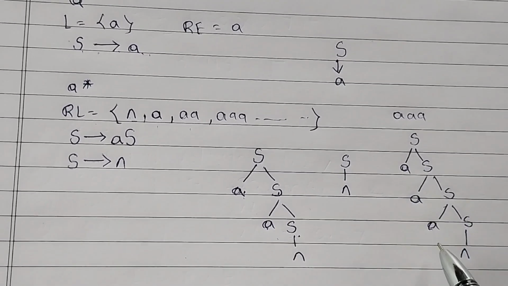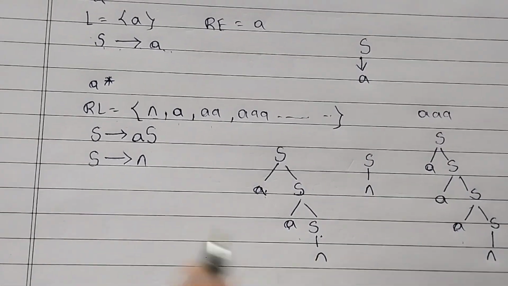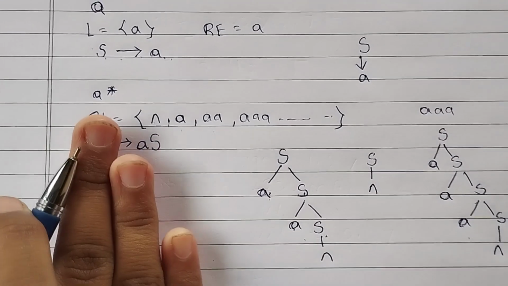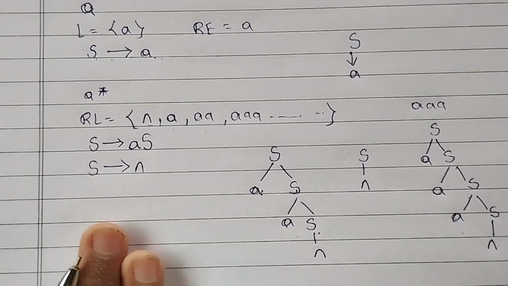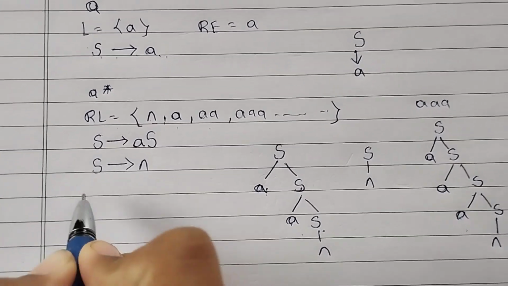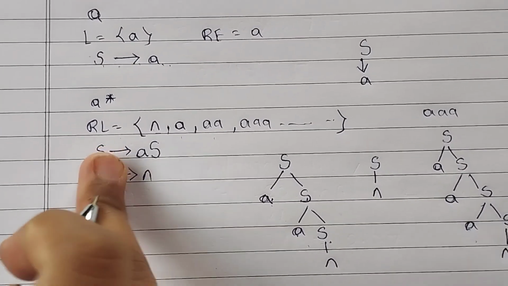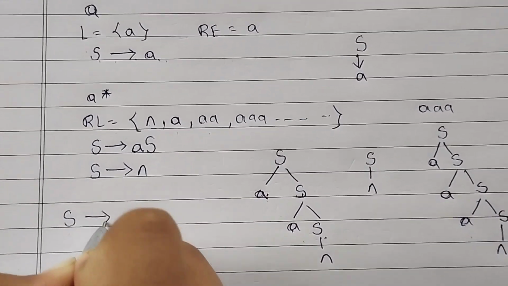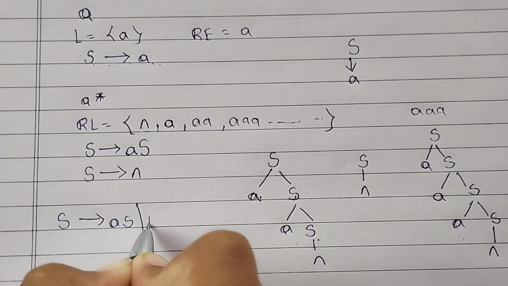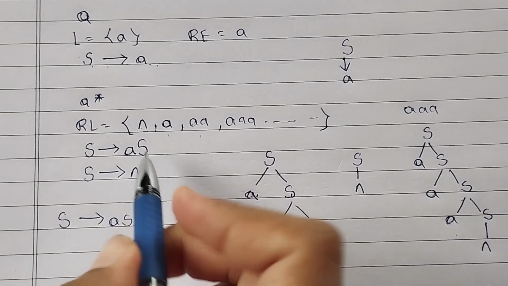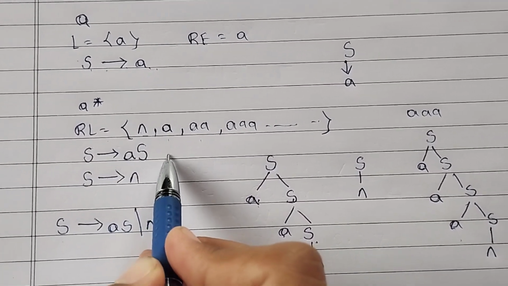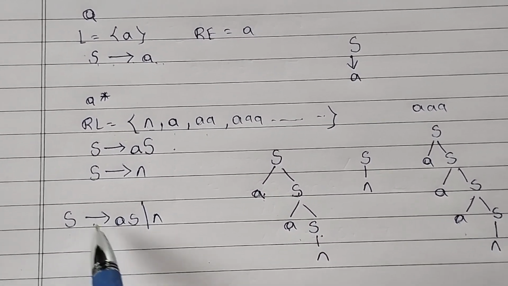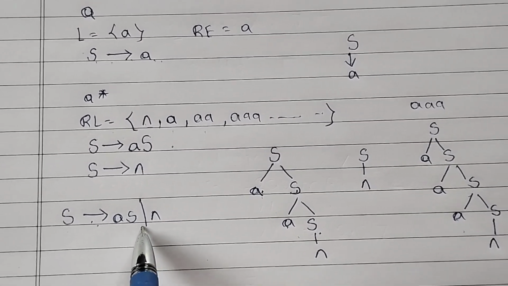So here I get 3 times A. I hope you get the idea of how to write a production. So this is simply how we write it: S reads A S, S reads null. Can I write A S or null? If you write in this way, then it is also right, and if we write this combination, then it is also right.